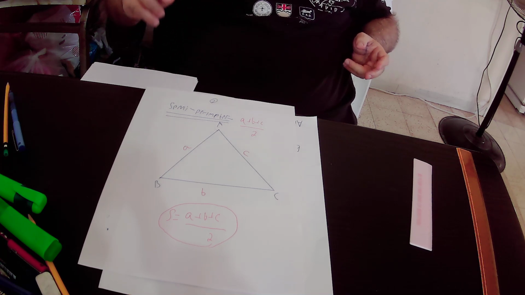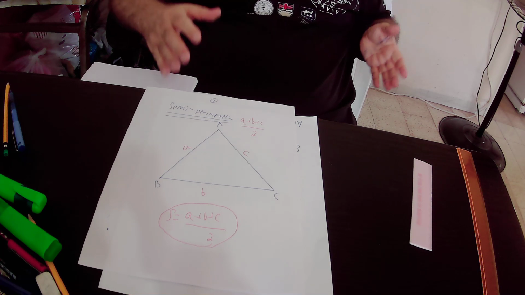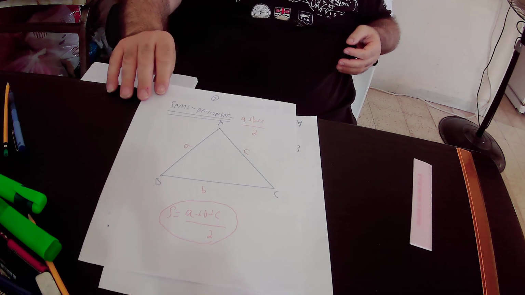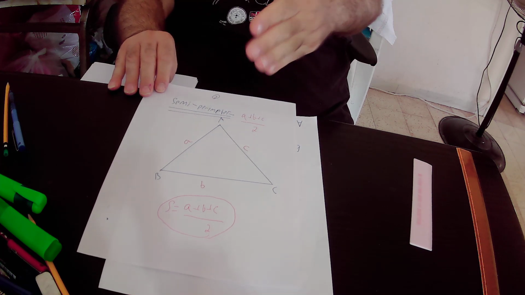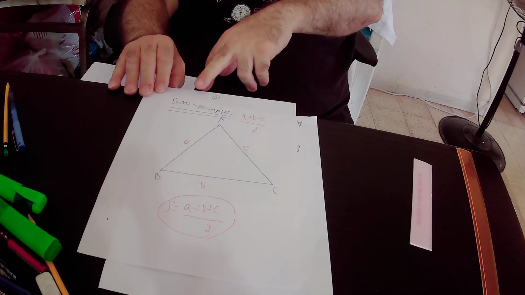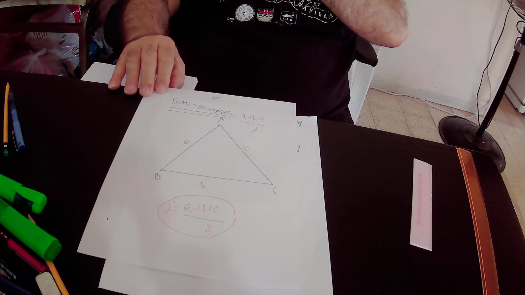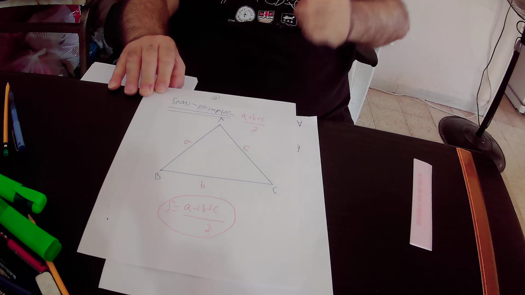That is the semi-perimeter of any triangle. It is the perimeter of the triangle over 2. A plus B plus C over 2, that is S. S, the abbreviation for the semi-perimeter. That is to say, S is the semi-perimeter of the triangle.